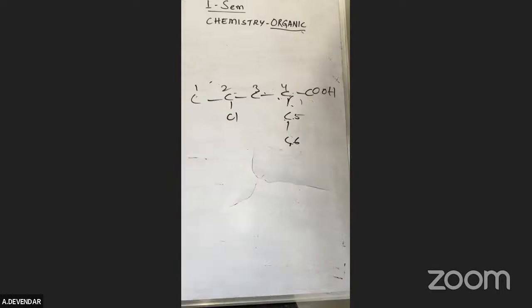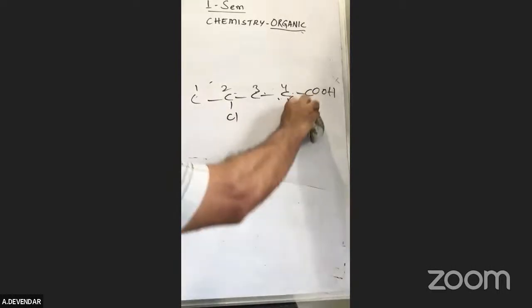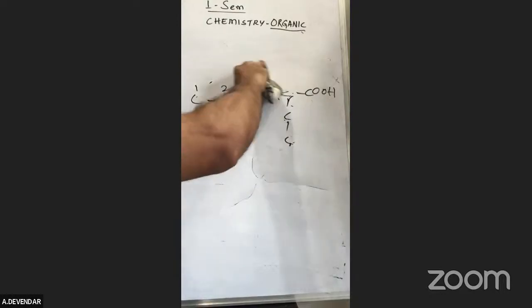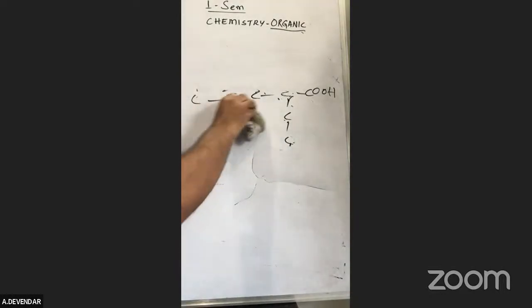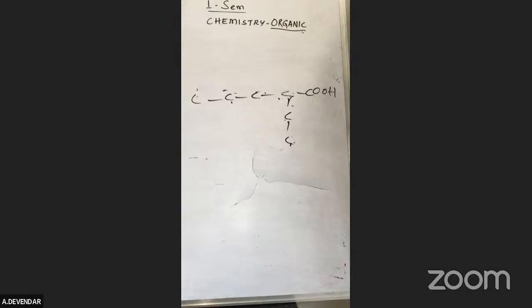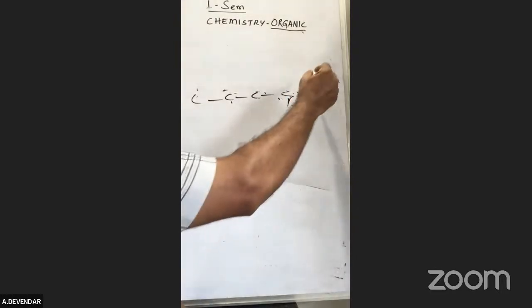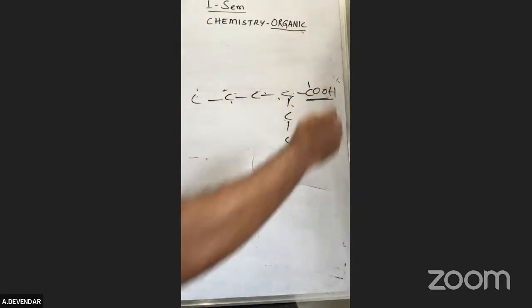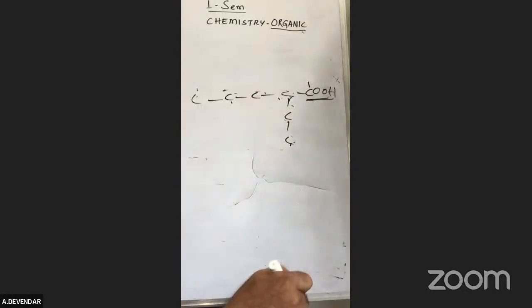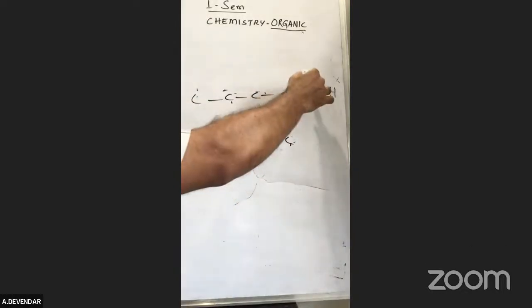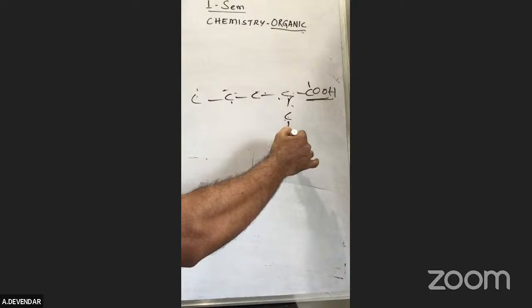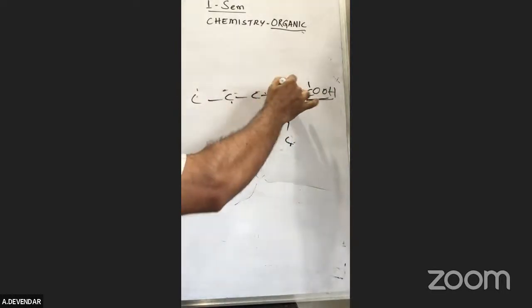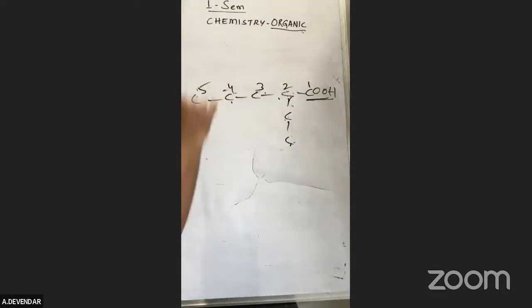The selection of the longest chain must be like this, not the one you were using previously. Now the first carbon is here only. Why? Because this is the functional group, the king of this compound. So the functional group chain is 1, 2, 3, 4 only.